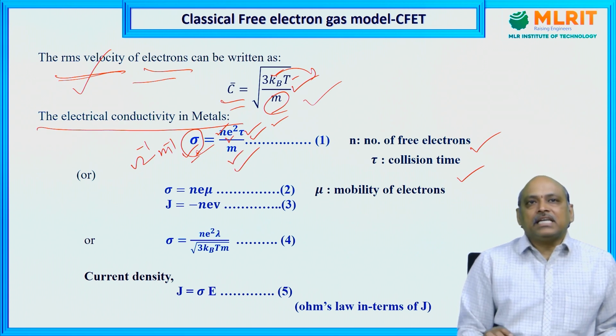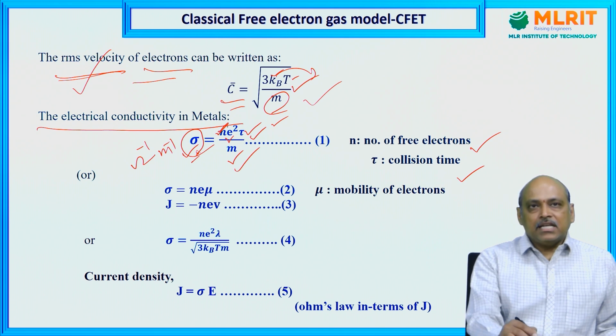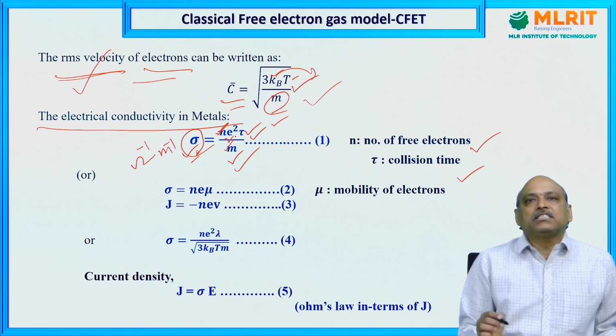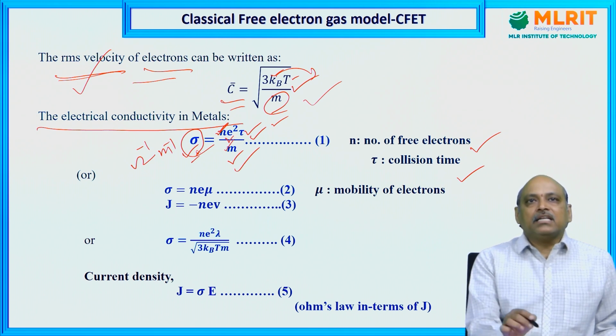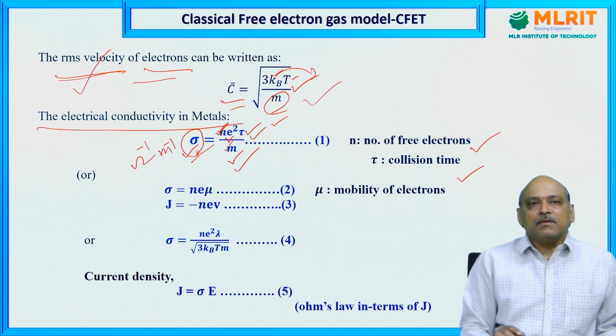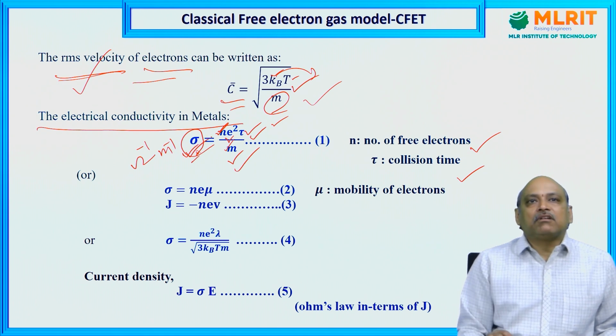By taking these four parameters, they have written sigma equal to N e square tau by m.